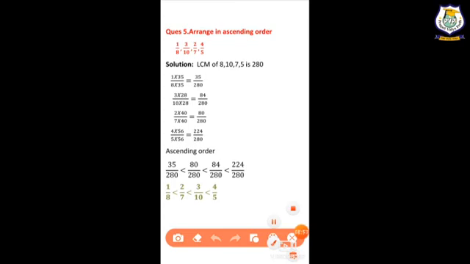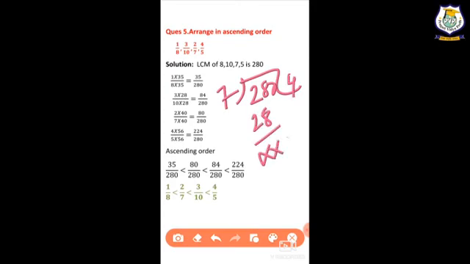Next 2 by 7, we will have to divide 280 by 7. It's 4 times 7 is 28 and 0. So it's 40. When we multiply, we are getting 80 upon 280.